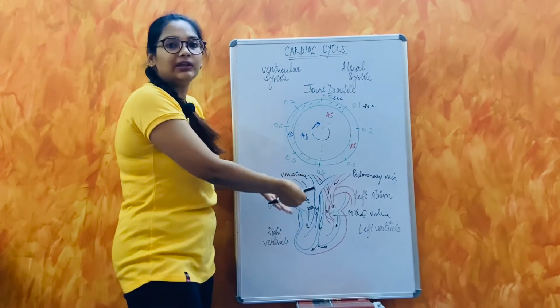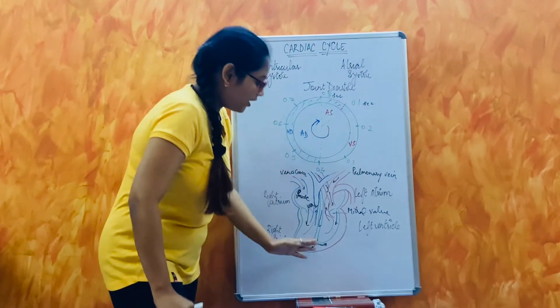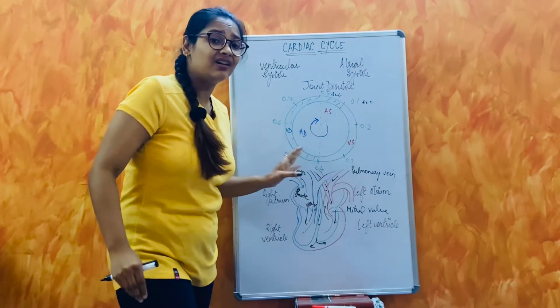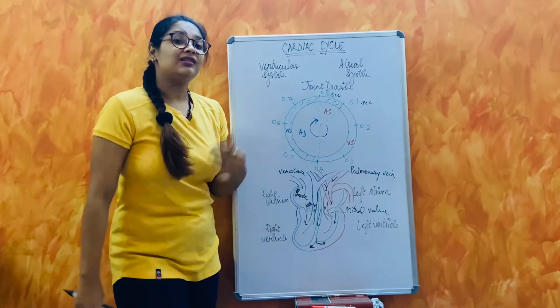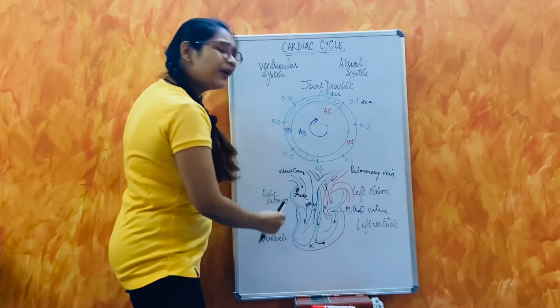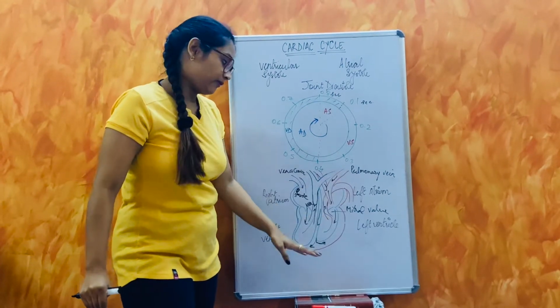So when part of the blood goes back to the atria, the blood which is supposed to go to the other parts of the body as well as the lungs decreases, and because of that, the cardiac output decreases.